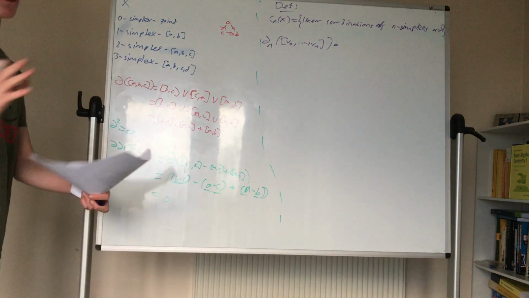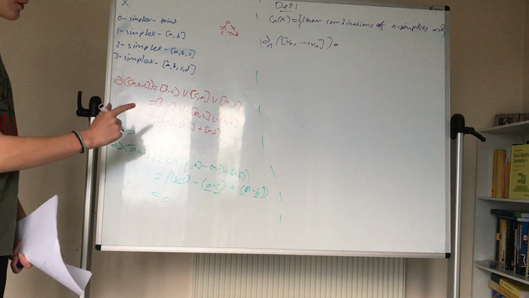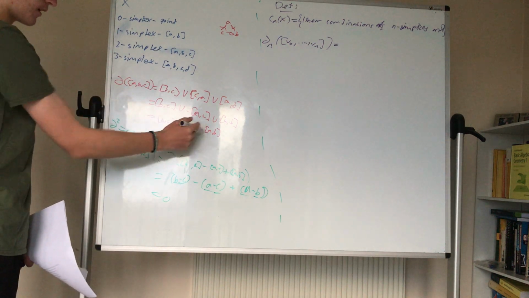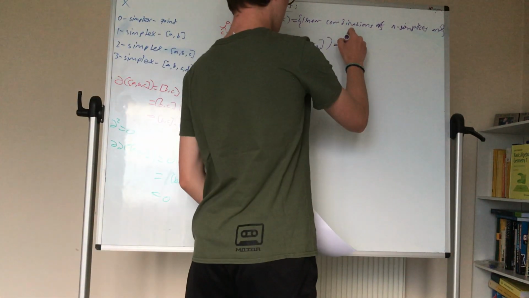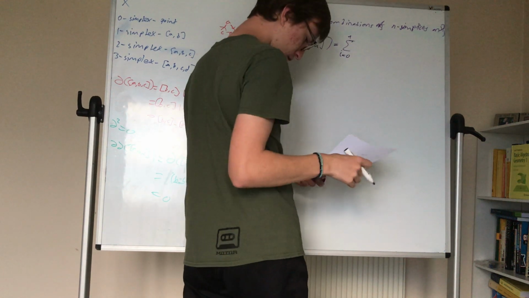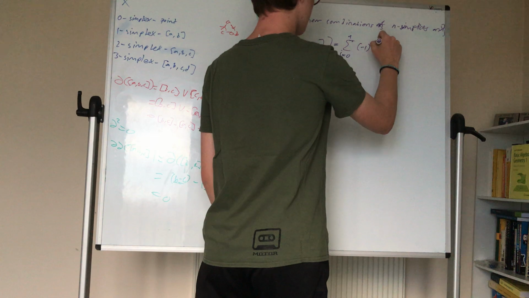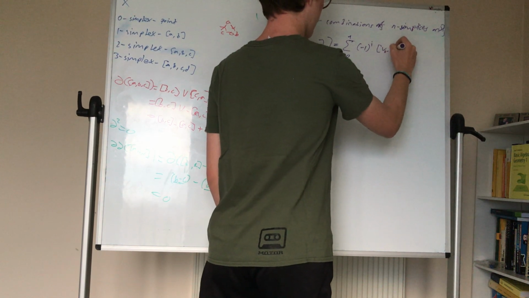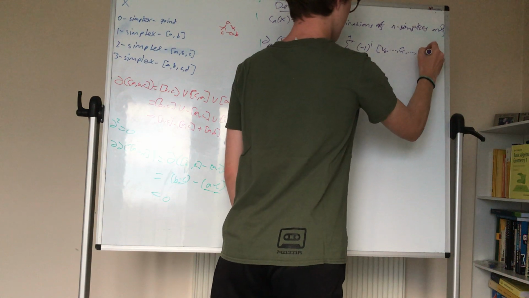Now this sum on its own would look very unmotivated, but with this in mind, it is actually very motivated, and I'm going to use this form here to check that we've got the same thing. It's equal to the sum from i equals 0 to n of negative 1 to the power of i times v0 up until vi hat up until vn.